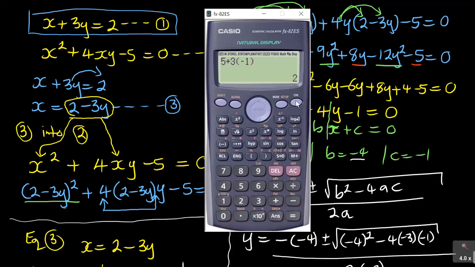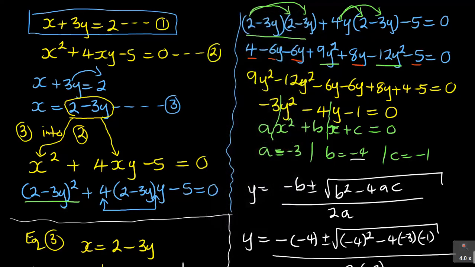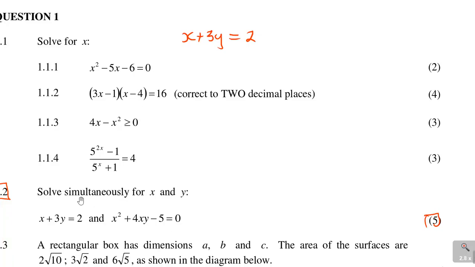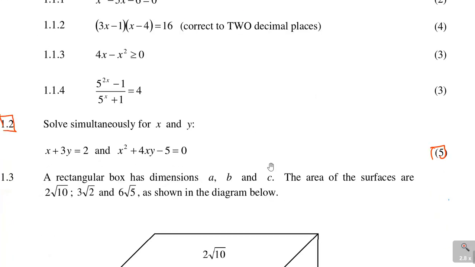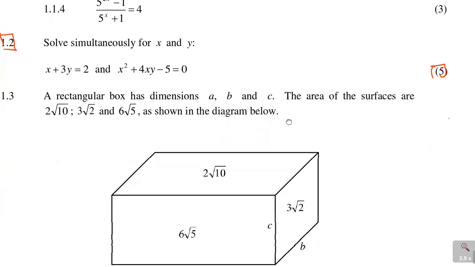So far so good. Test with the second one: x is 5, 5 squared plus 4, x is 5, y is negative 1 minus 5. It must give us 0. You see that? Then you can test it also with the other pair of values, and it must also balance like that. So that is how you solve this particular question, which is a 5 marks simultaneous equation.